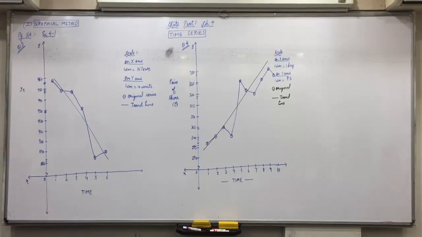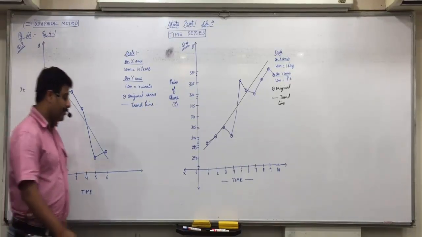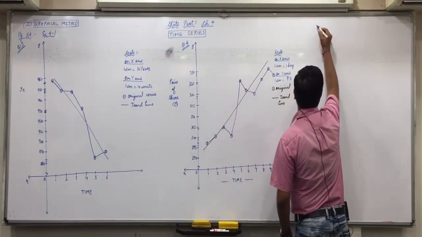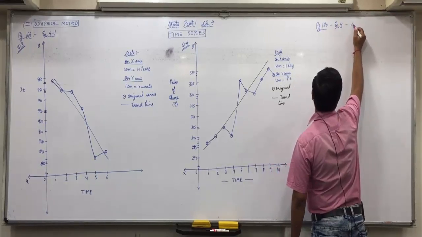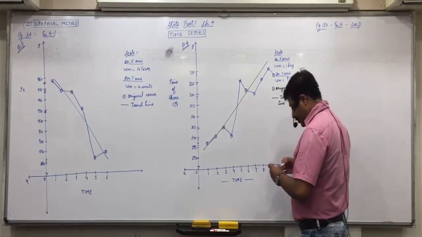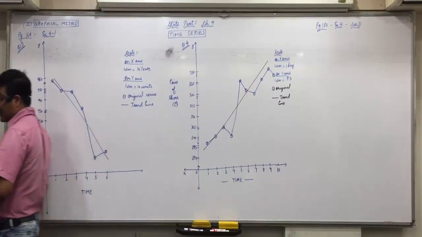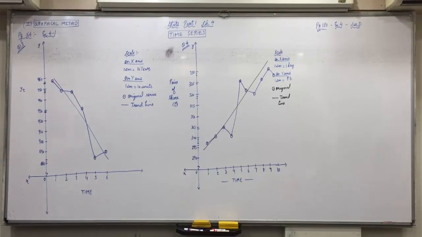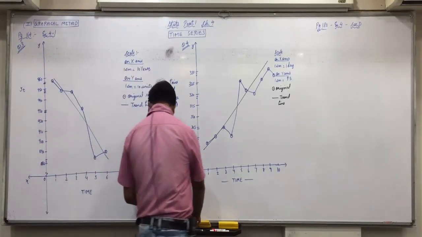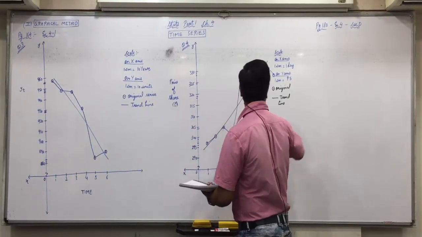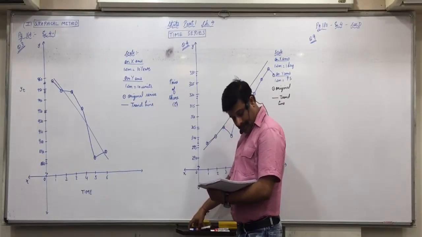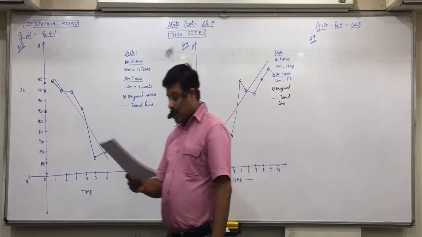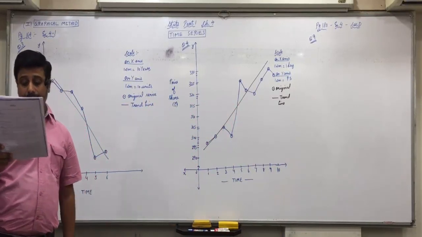Look at exercise 4, section D, page 180. Question number 9. Pay attention. The following time series shows the daily production of a factory.